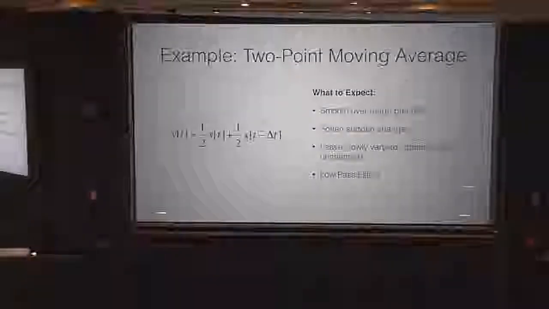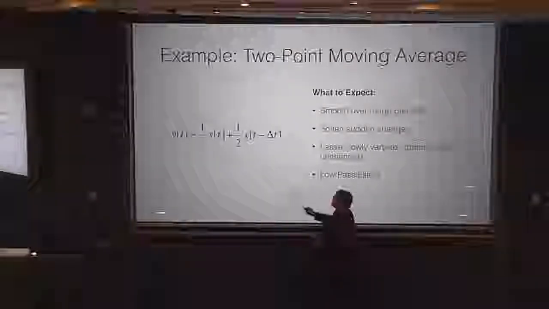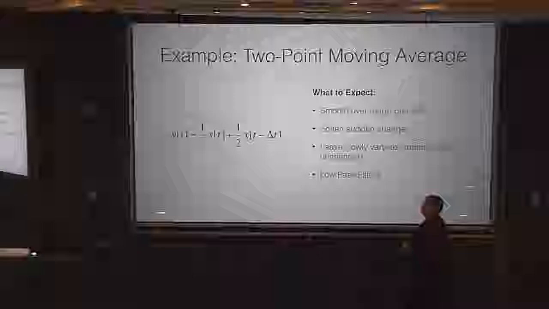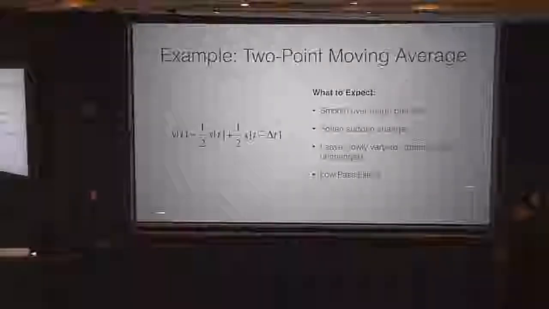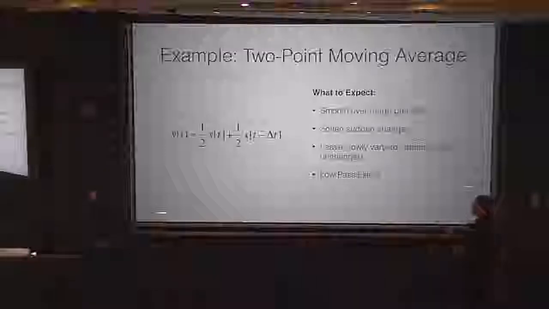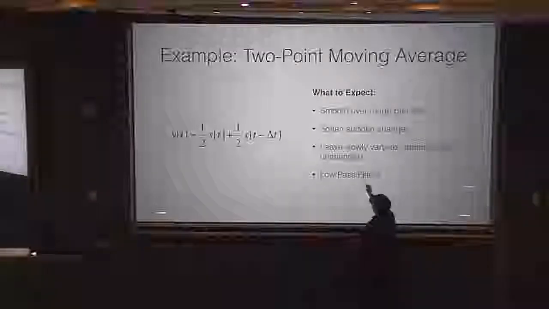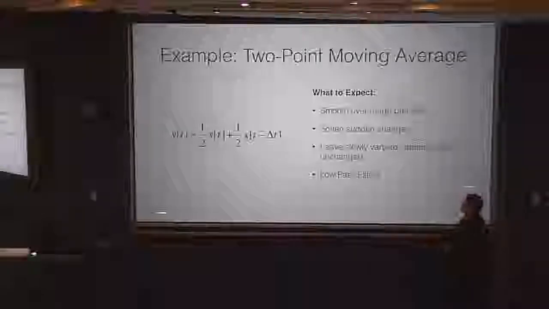All right, so let's take a look at, as an example of how filters work, this 2-point moving average filter. It's always taking the average of 2 points, and it's moving along in time. Just by the fact that this is taking a local average, we expect that it will do certain things for us.